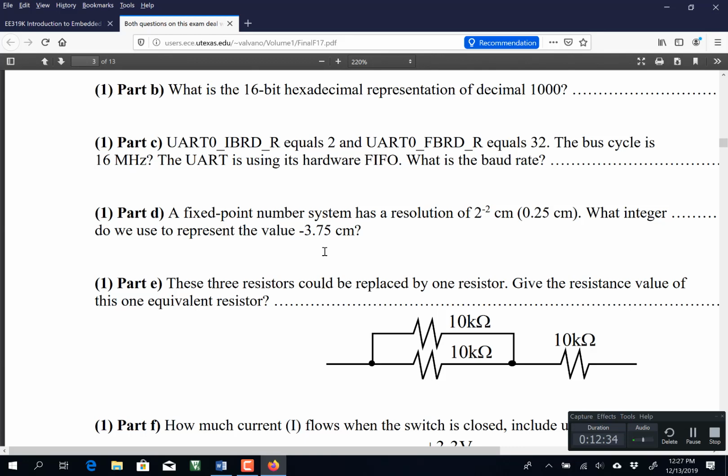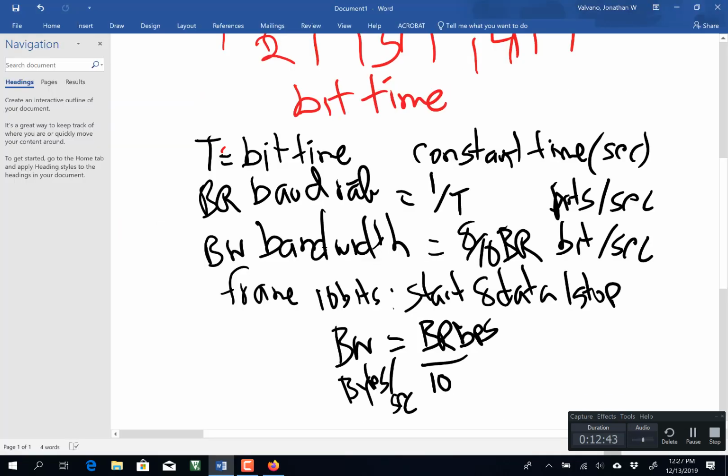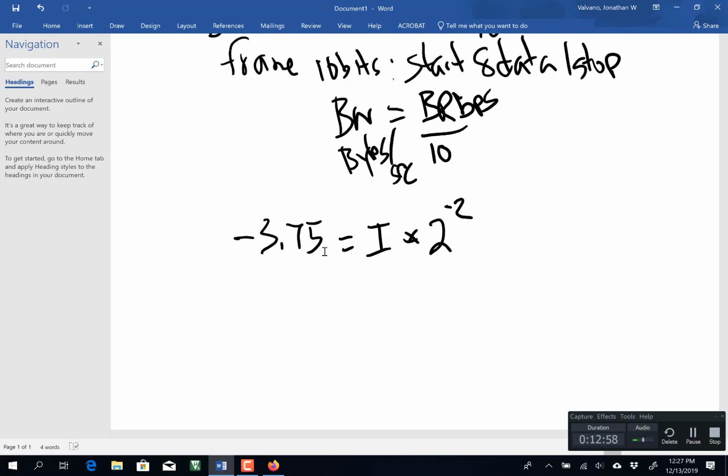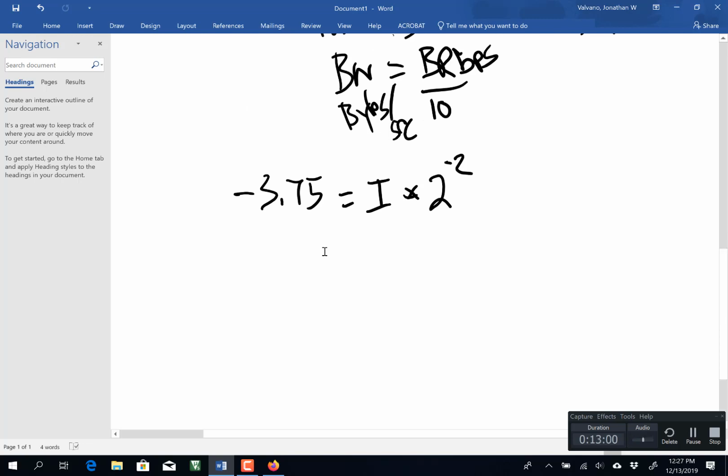I don't know if I can write on this. I got minus 3.75, I just got to remember that. The thing you got to remember that will get you all the points with a little bit of thinking is, what is a fixed point number?